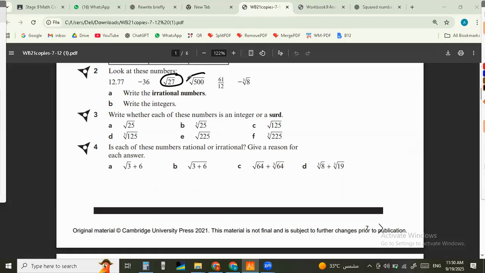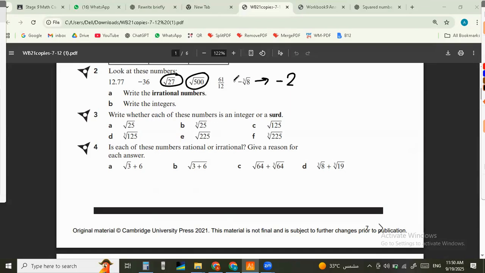It's a surd, irrational. 61 over 12, a fraction. Any rational number is a number that can be written as a fraction. They're giving me a fraction, so it's rational. Negative cube root of 8, yes, it is rational. Why? Because cube root of 8 is 2, so it's negative 2. I can find an answer to it.